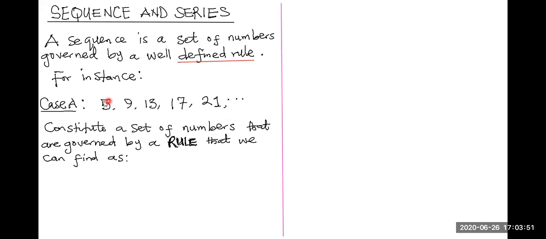So this one, we call it the first term in sequence and series. Okay? We now say that each member of the set of numbers is called a term. So the first term, T1, is equal to 5, and the second term, which we can call T2, is equal to 9.